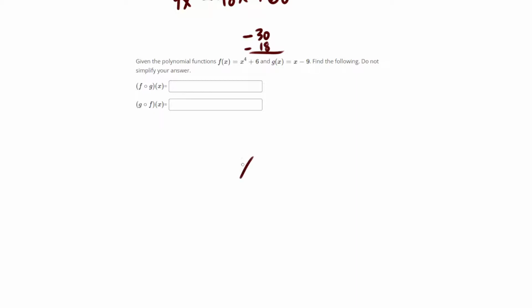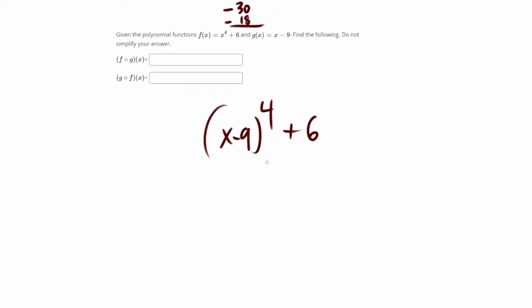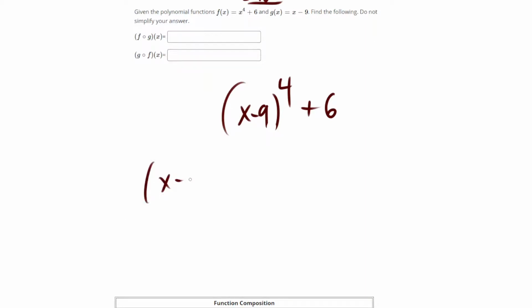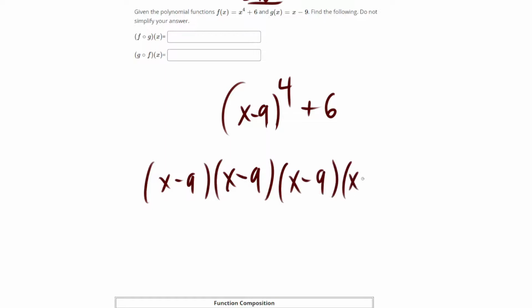This one we want f of g, so we'll do x minus 9 to the 4th plus 6. Okay, so plus 6, and then that will give you x minus 9 times x minus 9 times x minus 9 times x minus 9 plus 6.